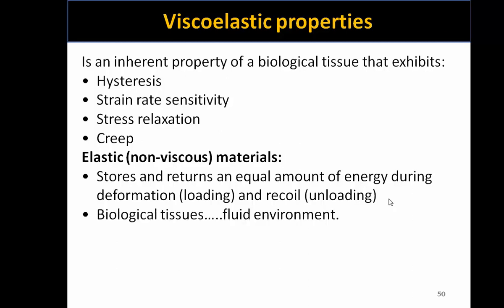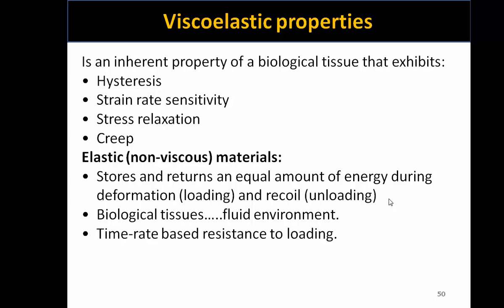Now, biological tissues are quite different because they have, to varying degrees, a fluid environment. Fluids experience a resistance to flow, and that's dependent upon the inherent molecules that make up that fluid and the rate of movement of that fluid.